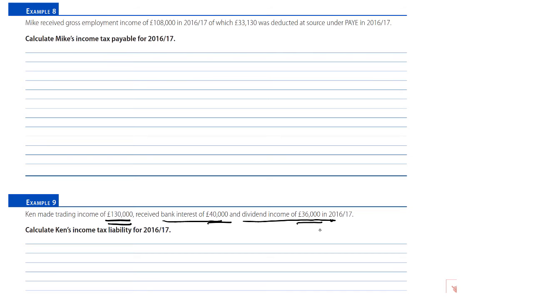Now, I hope we're getting a resounding no on that. Very clearly the adjusted net income is going to be well in excess, at £206,000, of £122,000. So all of that personal allowance has been reduced down to nil. There is no personal allowance available.